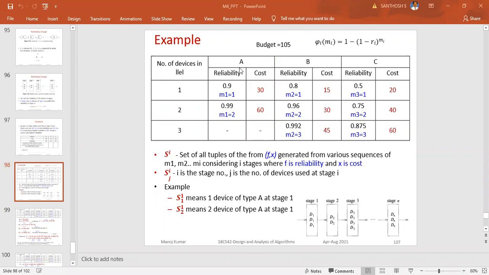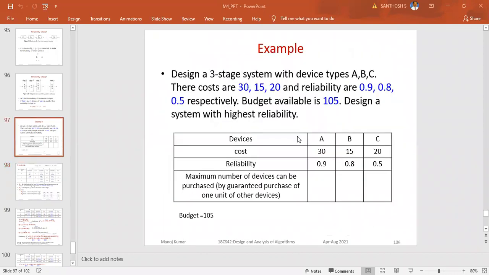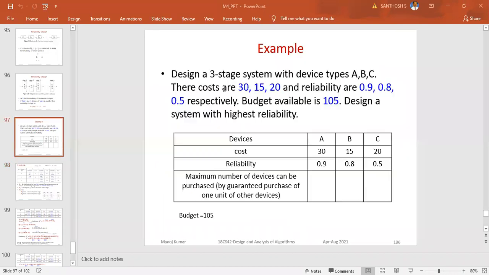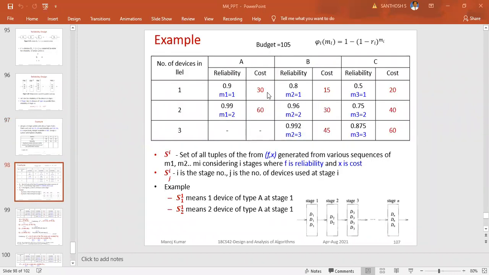A's cost is 30, B's is 15, C's is 20, with reliabilities 0.9, 0.8, 0.5. This is one iteration, with m1 equals 1, m2 equals 1, m3 equals 1.